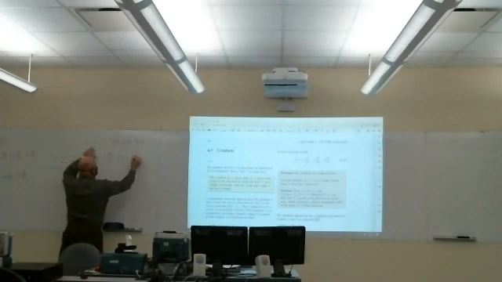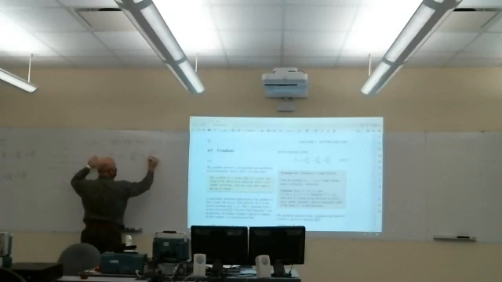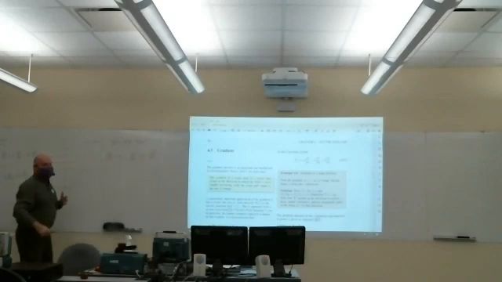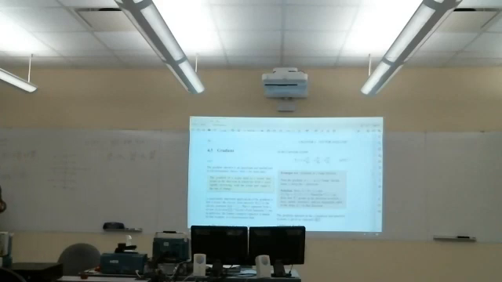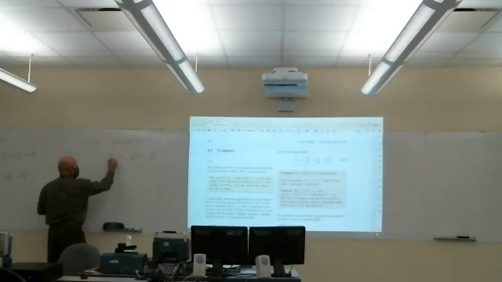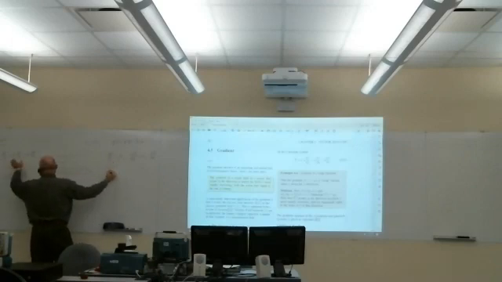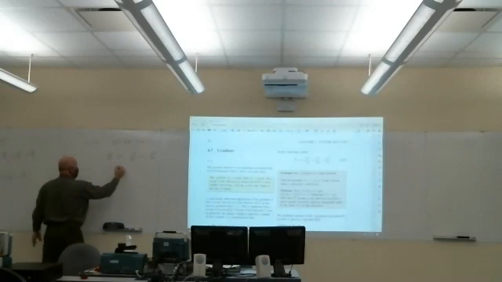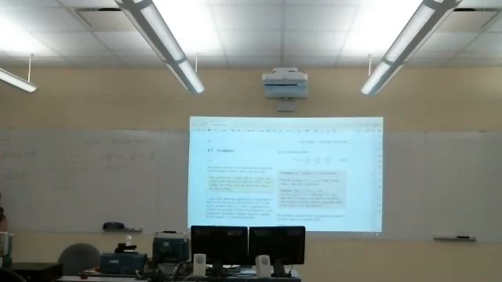The partial of t with respect to y is 0. The partial of t with respect to z is 0 because it doesn't depend on y and z. It only has this x-dependent component. So that means the gradient of t, looking at this definition, this is 0, this is 0, it's just x-hat times 10. And that's in agreement with our intuition about what this gradient is meant to signify.